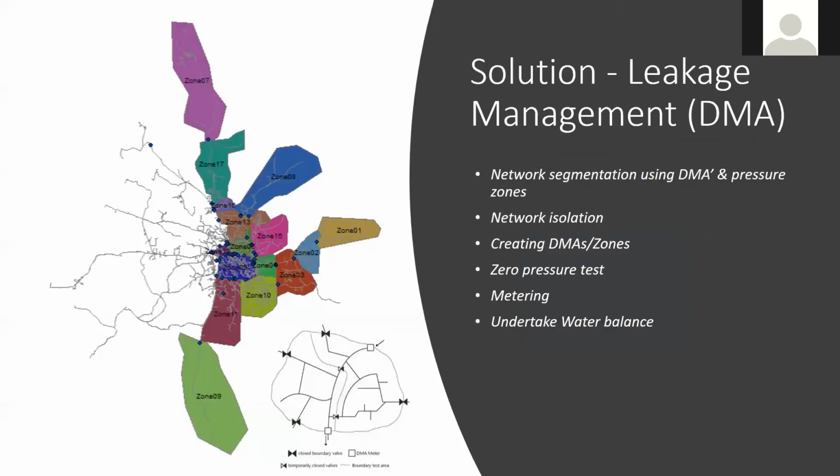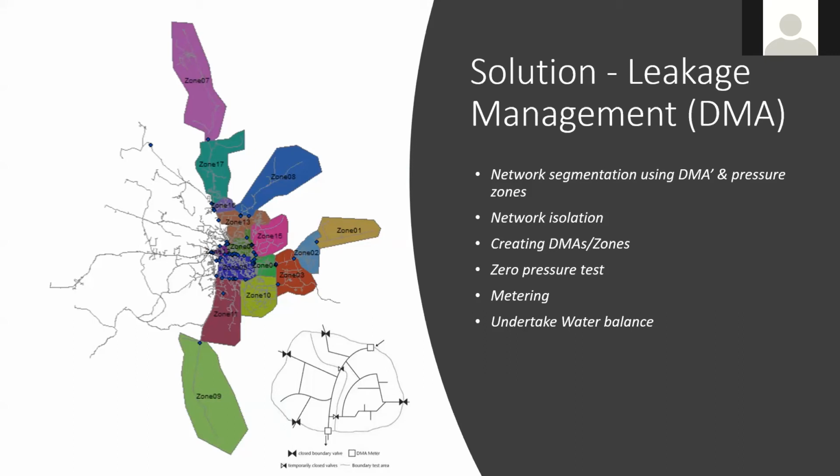So how did we use GIS to address the situation? We can talk about it probably in twofold. One is what we call DMAs, district metering areas. You would appreciate that we have quite a huge network. And just imagine looking for leakages within the network, considering its size.